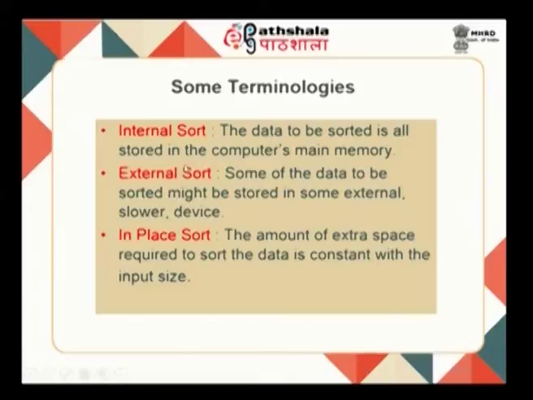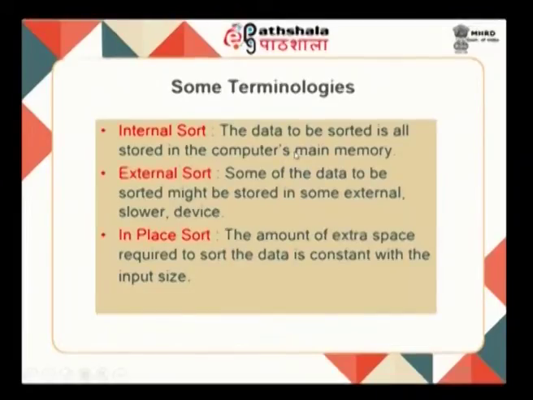Fine, these are some of the terminologies that we normally use. One is called internal sort. In internal sort, all the numbers need to be maintained as part of the computer's main memory. Then external sort, where the data may be present in an external device also.